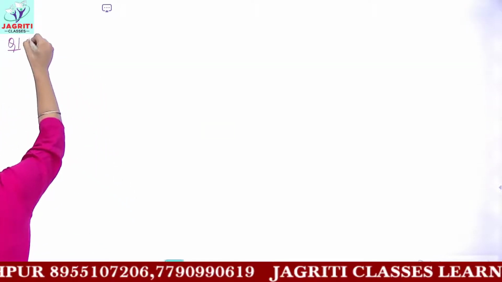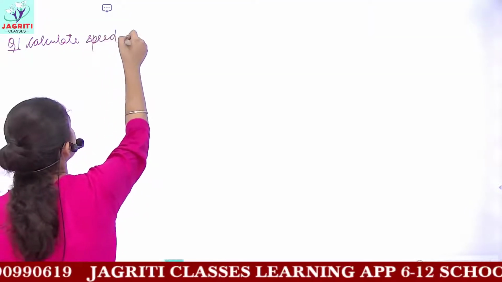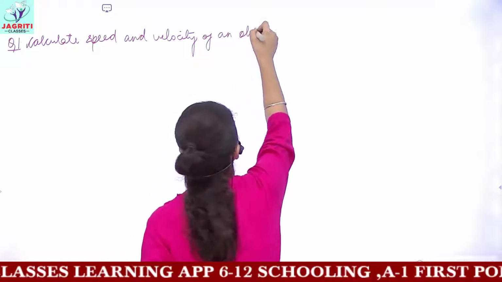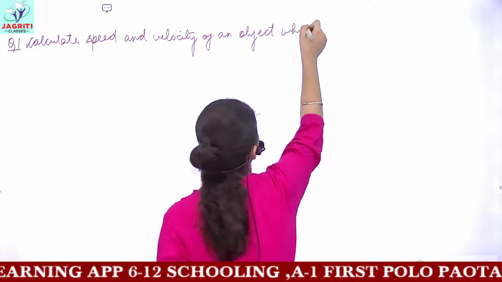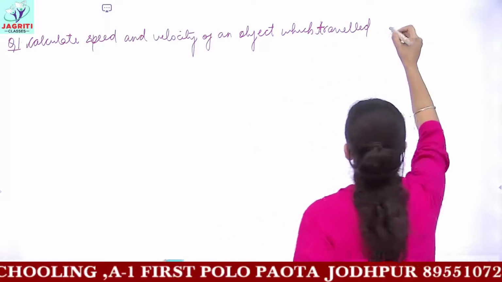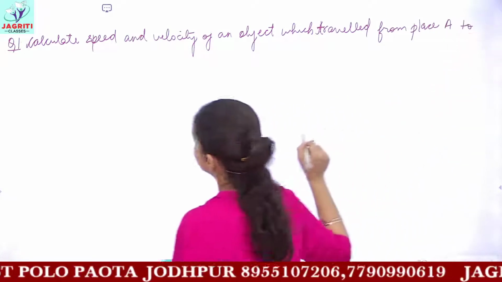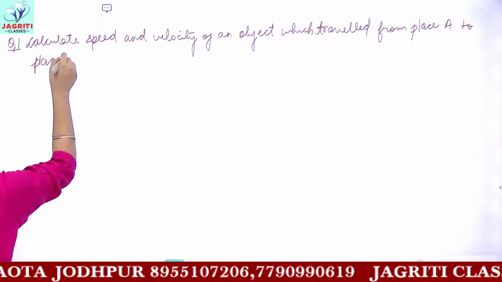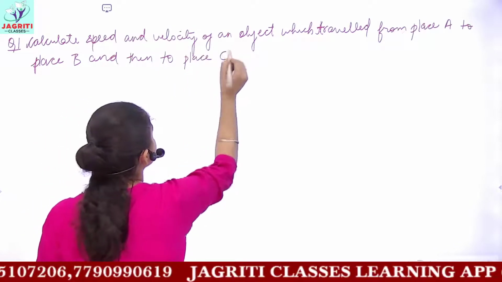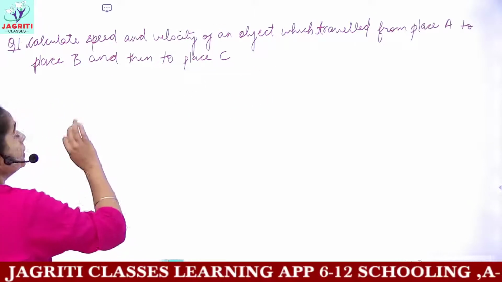So first one we have: calculate speed and velocity of an object which traveled from place A to place B and then to place C. Okay, you have to calculate the speed and velocity of an object which traveled a total distance in some parts.